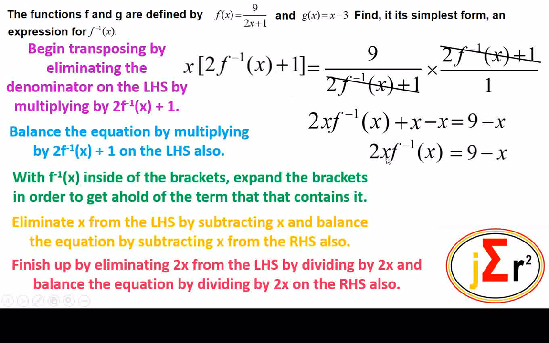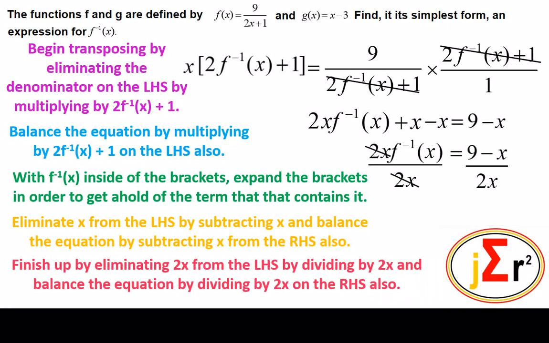This 2x is related to f inverse of x by multiplication. We will therefore do the opposite of multiplying by 2x, which is divide by 2x. So we will divide by 2x on that left-hand side and balance the equation by dividing by 2x on the right-hand side also. There we have it.